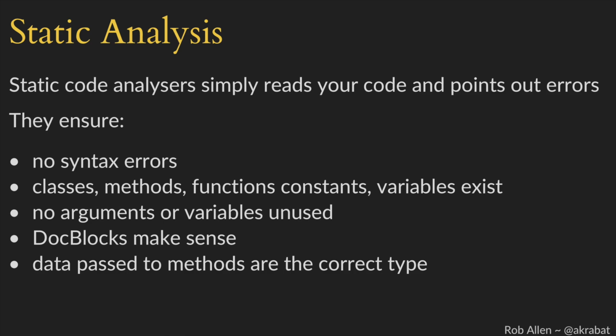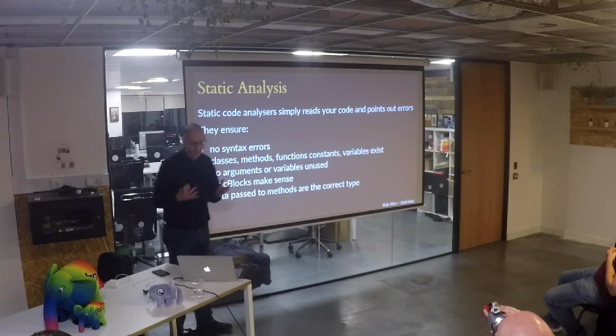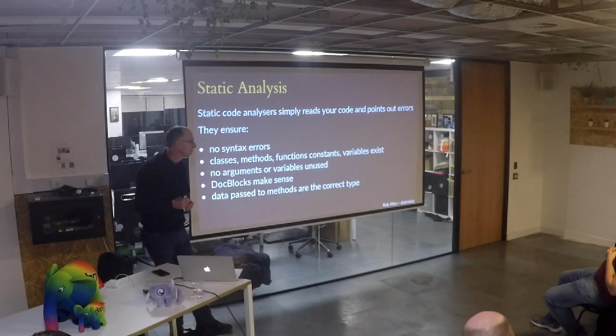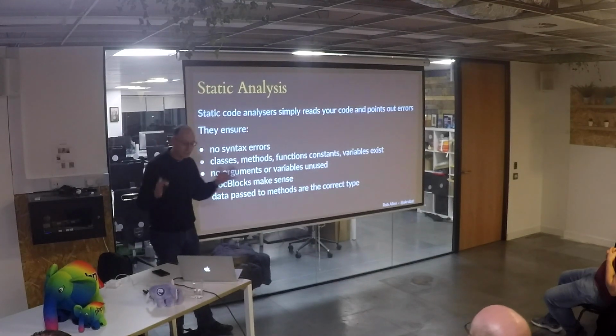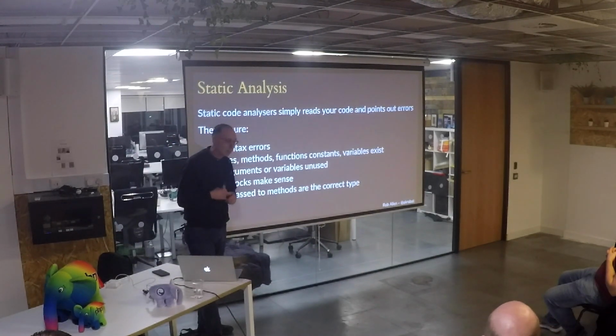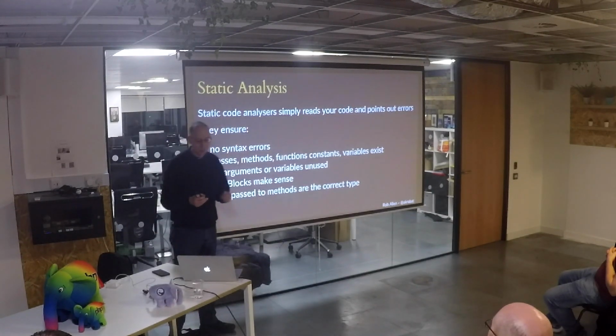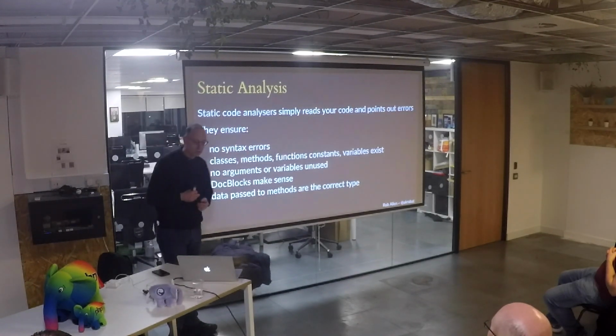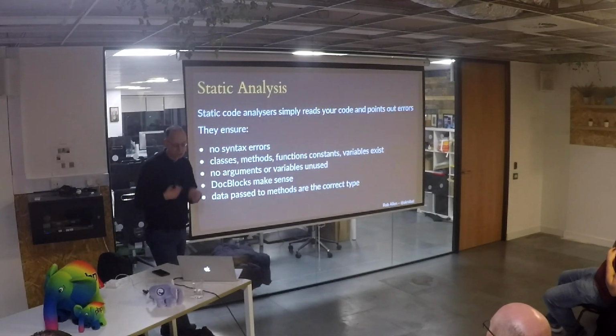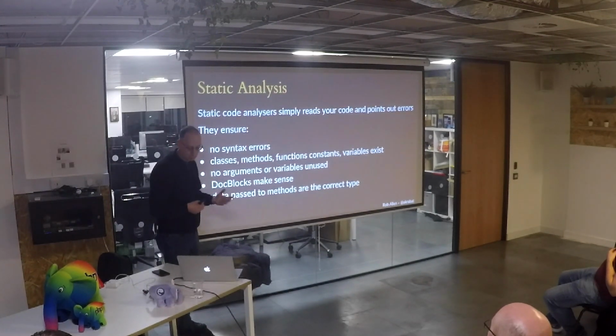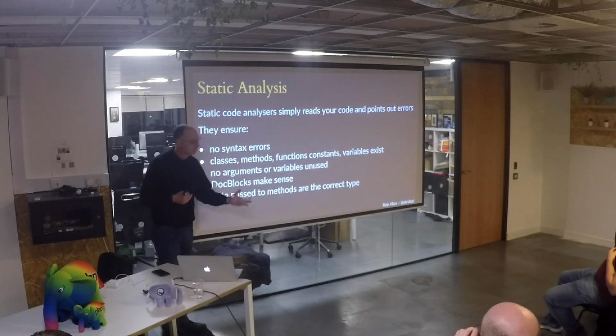Static analyzers simply read your code and point out errors in it. That's all they do, is give you a report. They can find a whole set of errors for you. It will check there are no syntax errors. It will check that your classes, your methods, your functions, your variables all exist as appropriate. So try to use an unused variable, it's going to get upset.